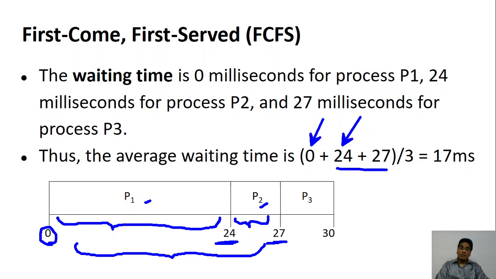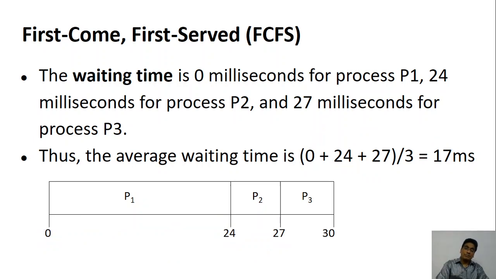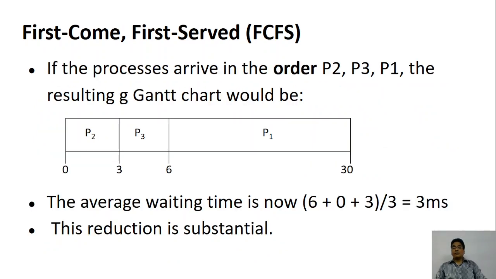If you add all of them, you will notice that on average every process is waiting for 17 milliseconds. Now suppose you change the order, and allow processes P2 and P3 to perform first and P1 to perform at the end. What will happen?